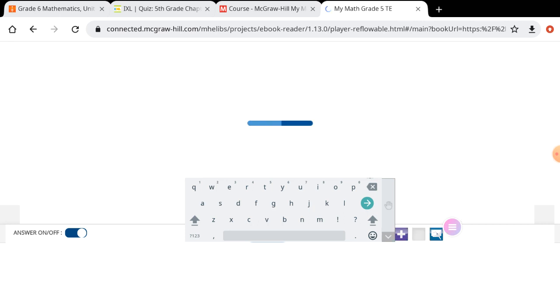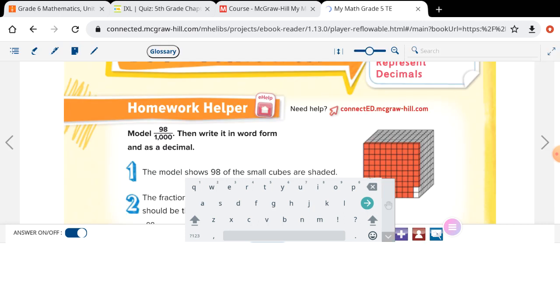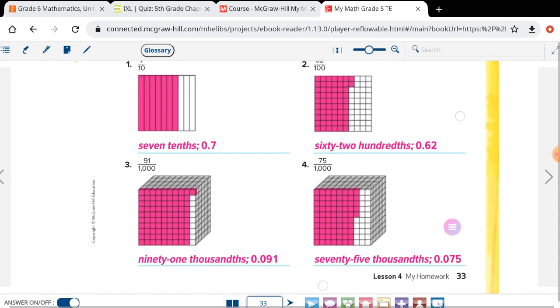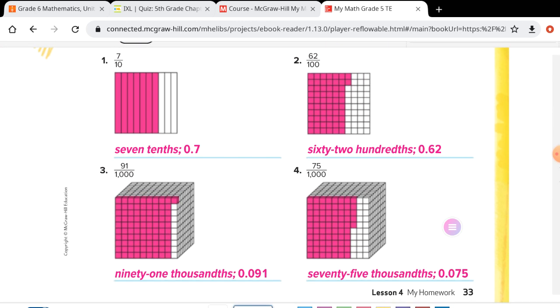Okay, turn to page 33. This one should have everything that we were supposed to do. So I'm just going to pull it up. Check those answers. It gives me the model, it gives me the fraction, it gives me the words and the decimal. So check those ones. Okay, any questions over those 4?